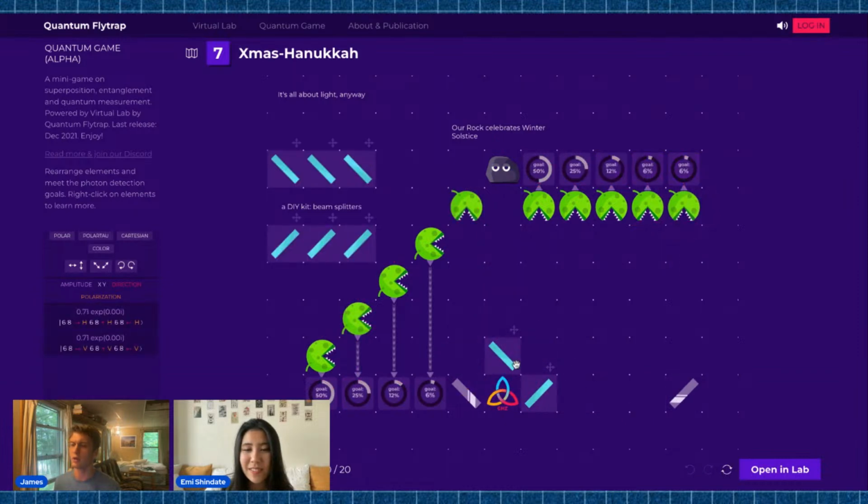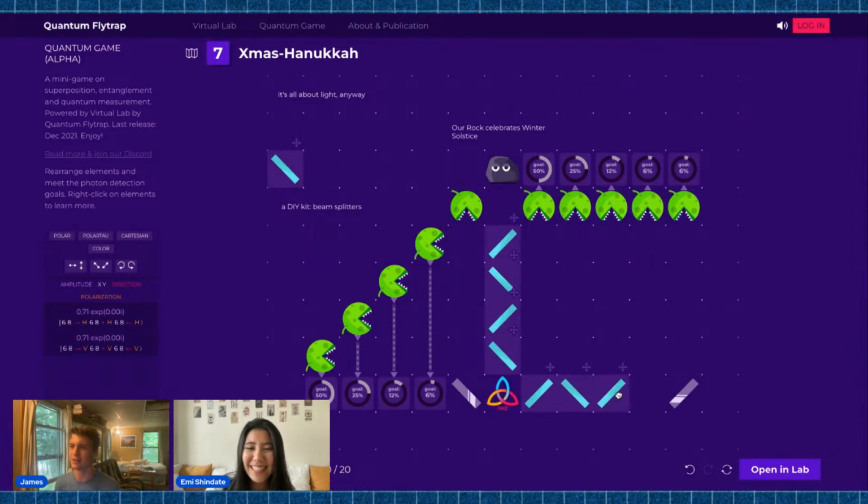Interesting. So we need to calculate probabilities, basically. Yeah. I think the way I did it was just trial and error. Yeah, I guess so. Maybe we can try a zigzag pattern. Fun. And then I think we can adjust them.